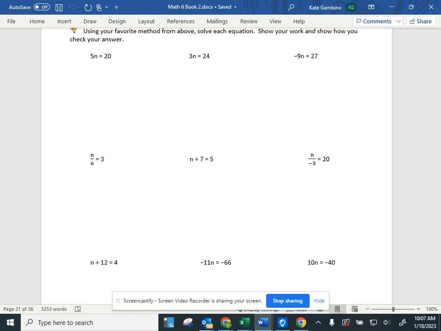Opposite operations, you want to be understanding how to use those. And we saw the logic with the division wasn't quite so simple. So let's do the first one. 5n equals 20. If I'm going to do that doing opposite operations, how would that look?